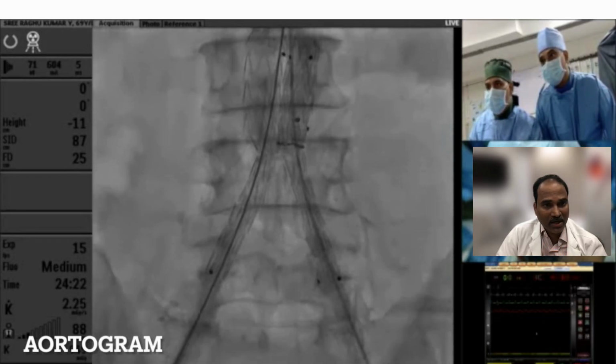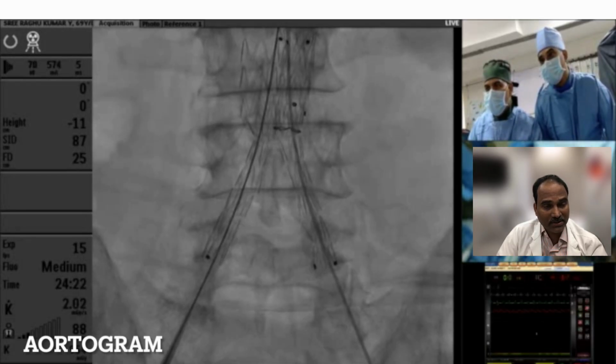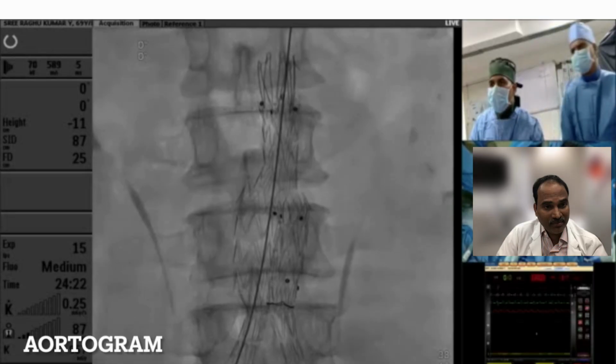So this is an aortogram mainly to rule out type 1 endoleak before dilating.